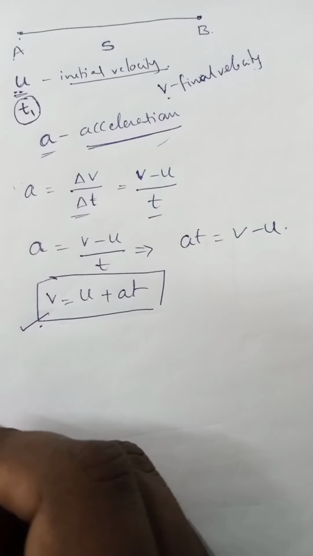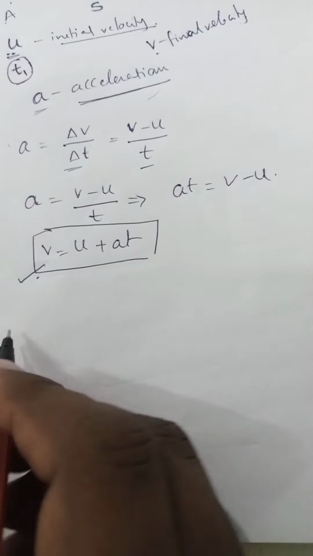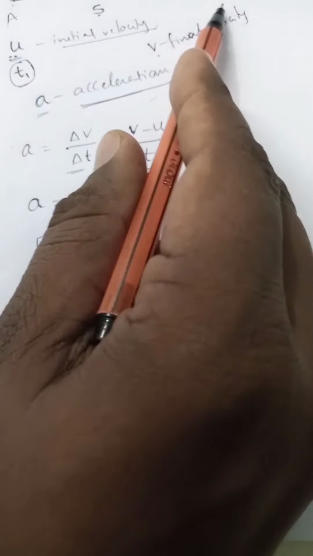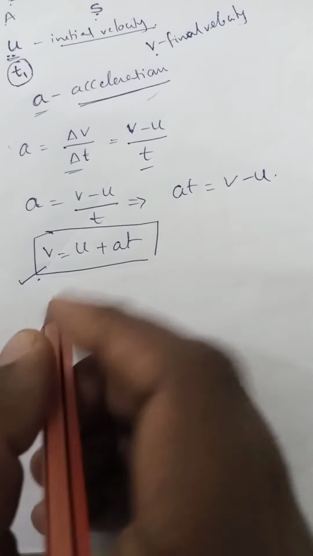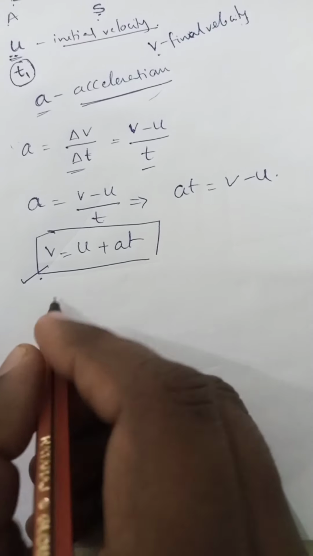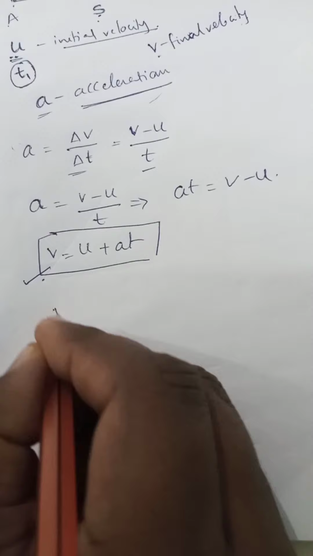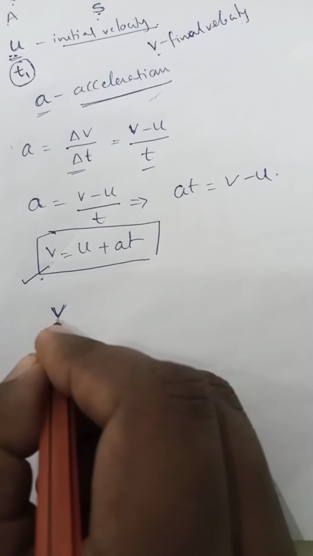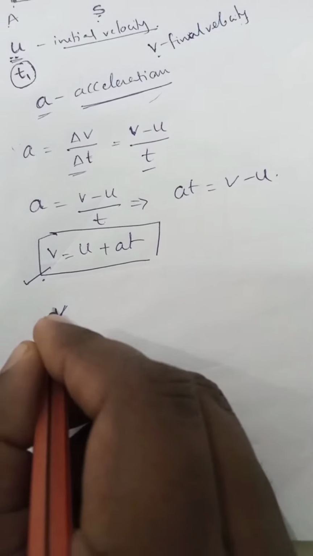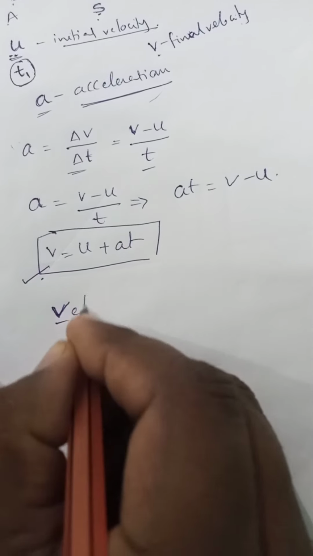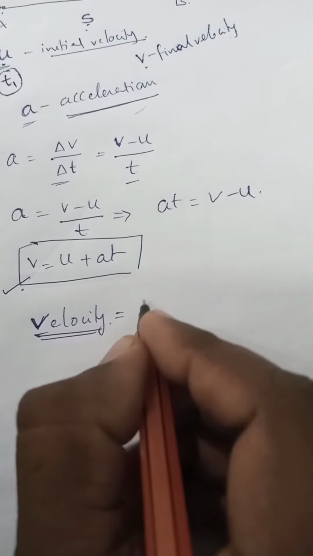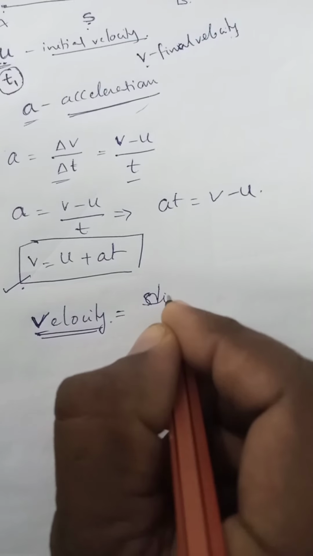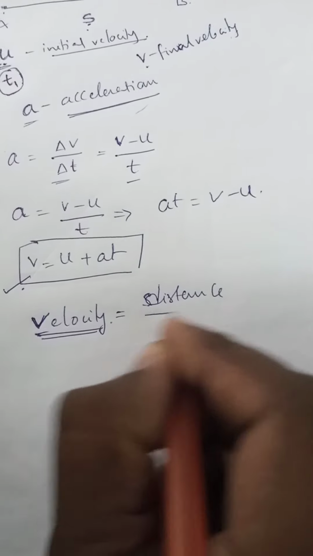Okay, next one, s. s is the distance. So we know that velocity is distance by time.